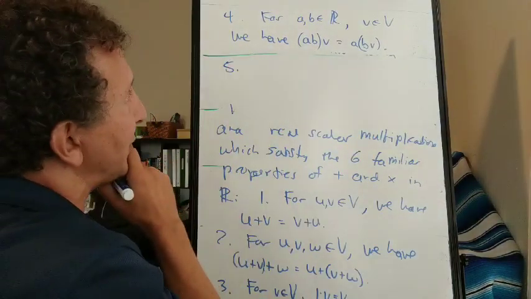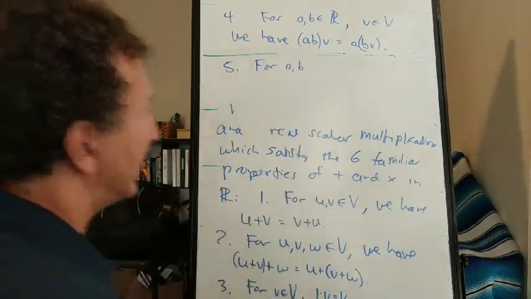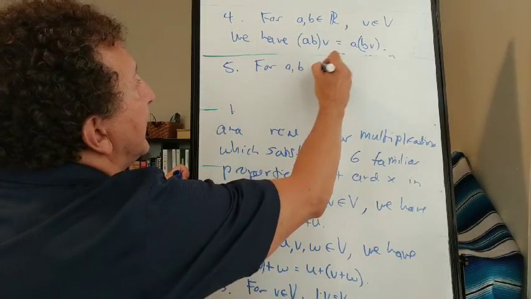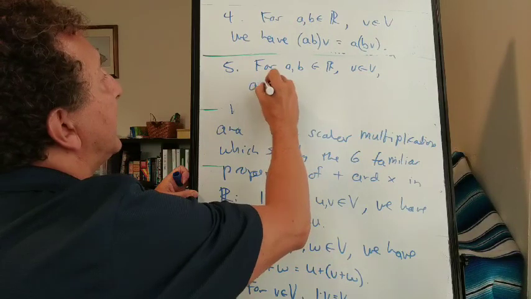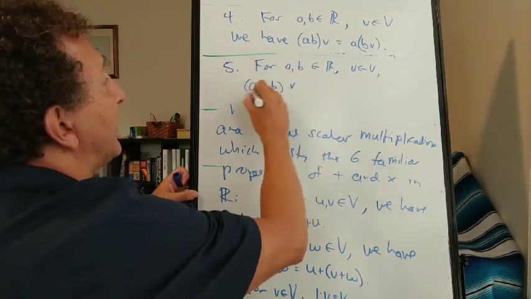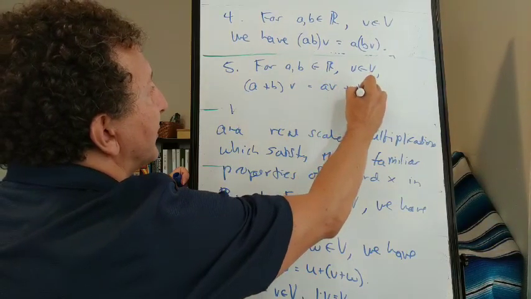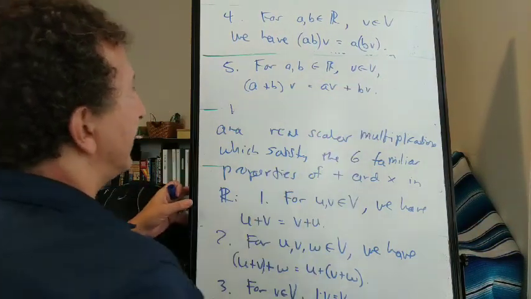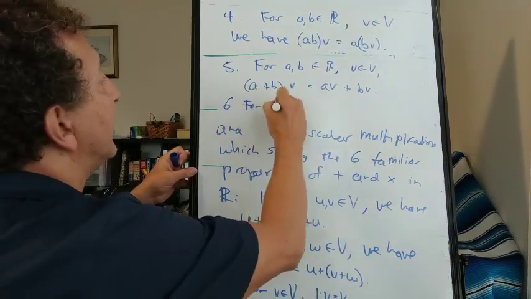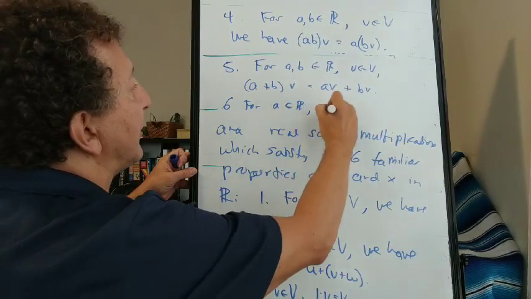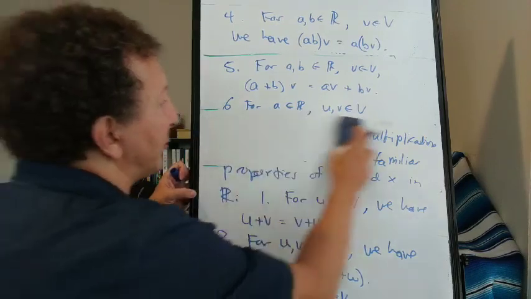And finally, we have distributive laws. So for a and b in the real numbers and any vector, a plus b acting by scalar multiplication on the vector is the same as a on the vector plus b on the vector. And finally, if we have 1 scalar and 2 vectors, we have a similar distributive property.